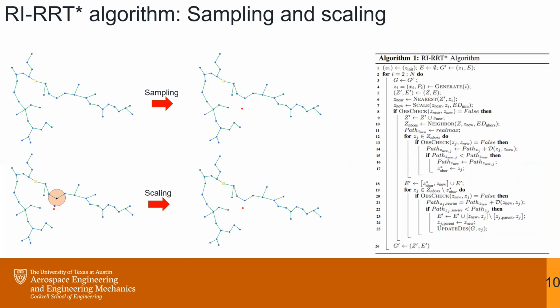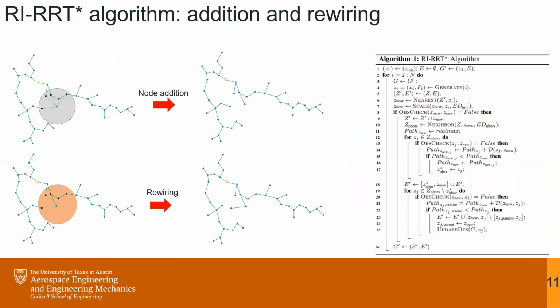Now it's time to explain the RI-RRT star algorithm. As can be inferred from the pseudocode, our algorithm is an implementation of a standard RRT star algorithm with RI path cost. Like standard RRT star, it has four steps of sampling, steering, node addition, and rewiring. However, it is performed in uncertain configuration space.